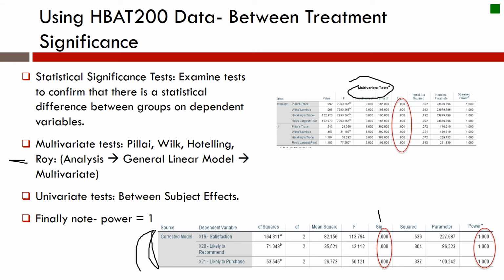So univariate tests indicate that we have ample power, as this is close to 1.